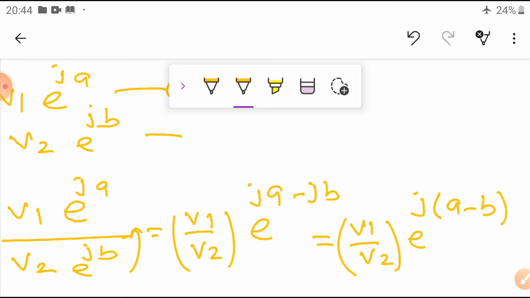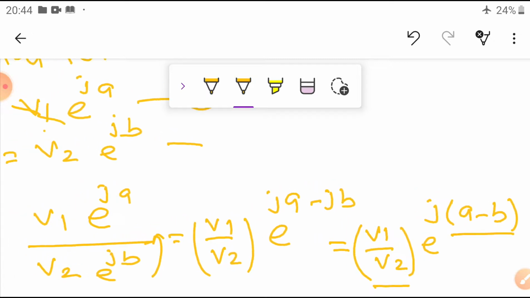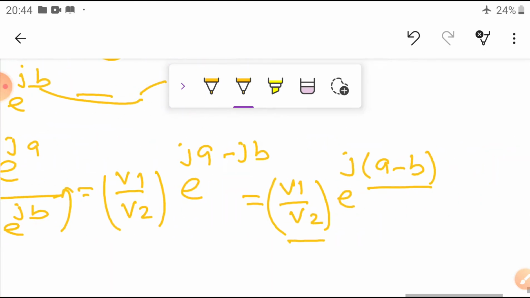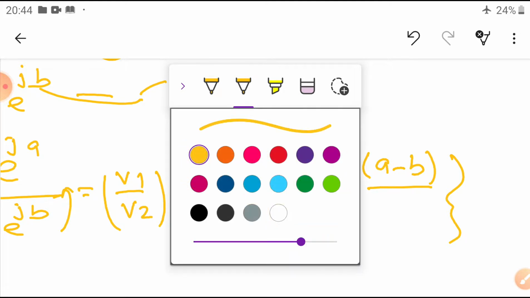This is the magnitude, this is the angle. You can see how simple it is. When V1 and V2 are given, we simplify and get it in a single step. This is the simple way of doing vector division in exponential form. That is the beauty of it.